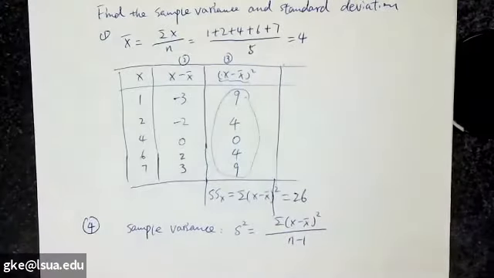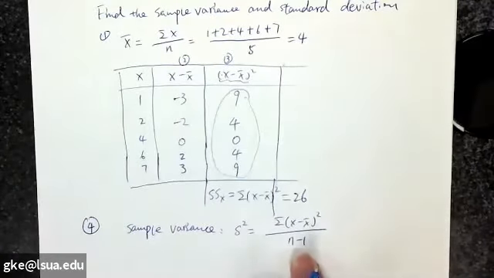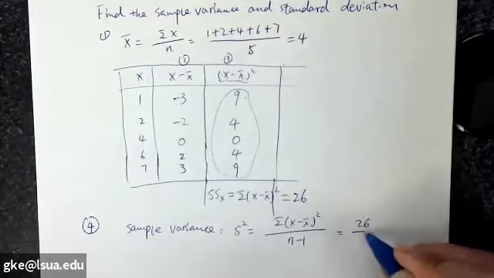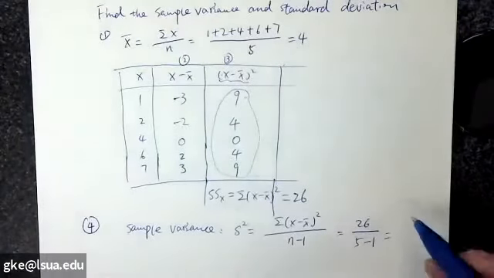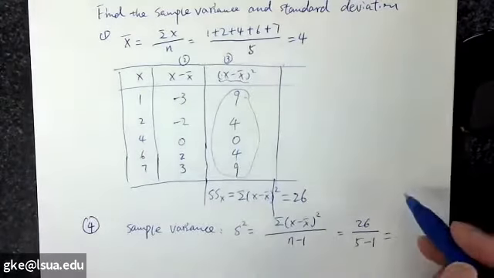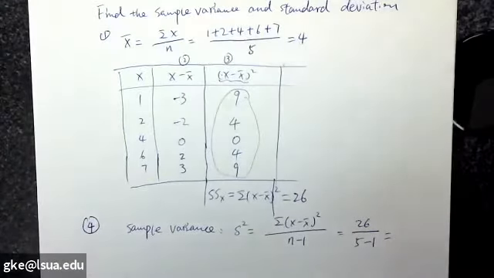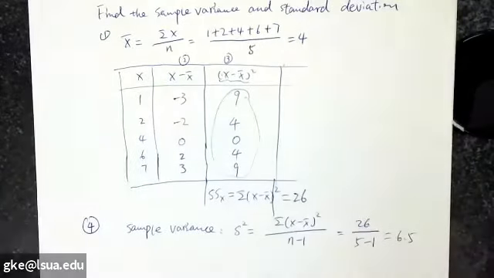Be careful, it's n minus 1, not capital N. It's the number of data points minus 1. We know this is 26, divided by 5 minus 1, and the result is 6.5.